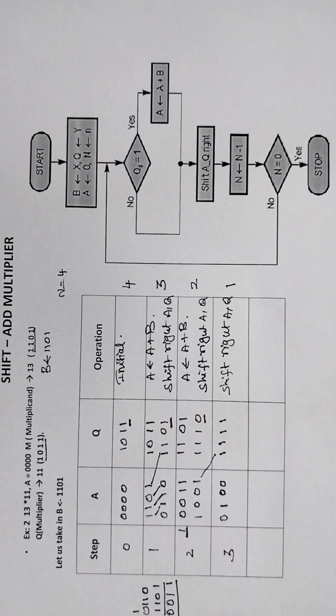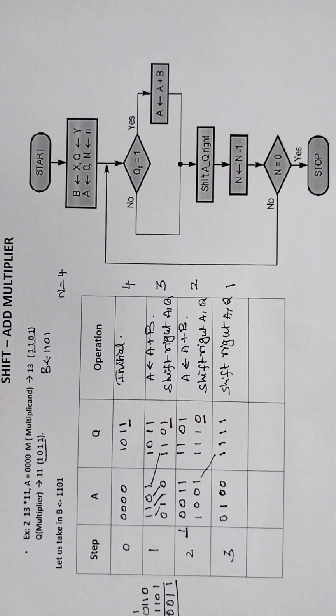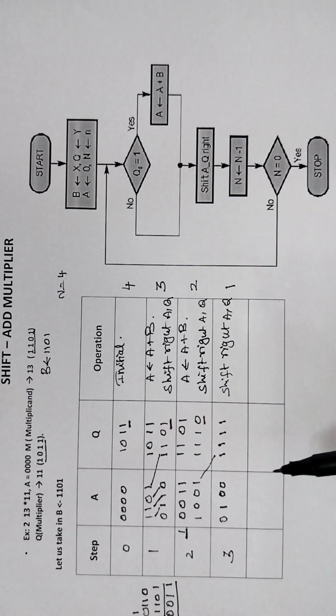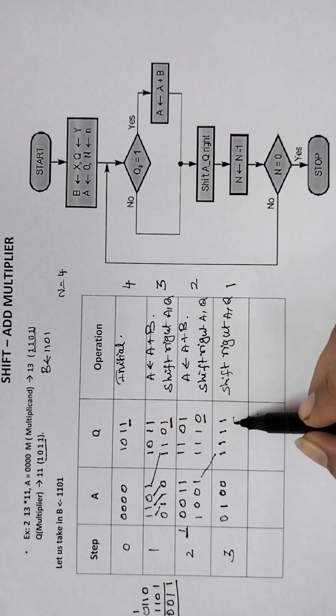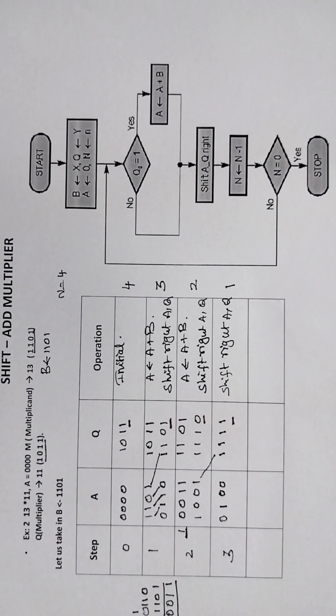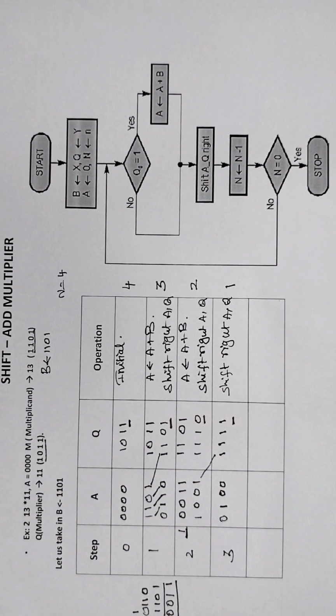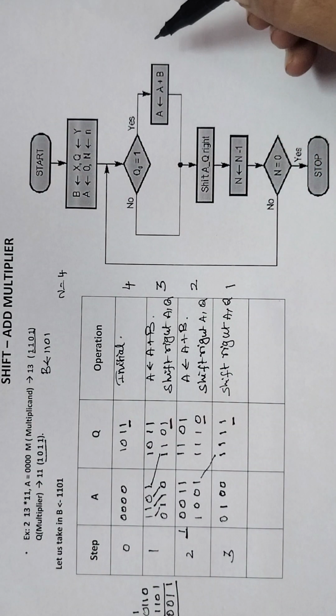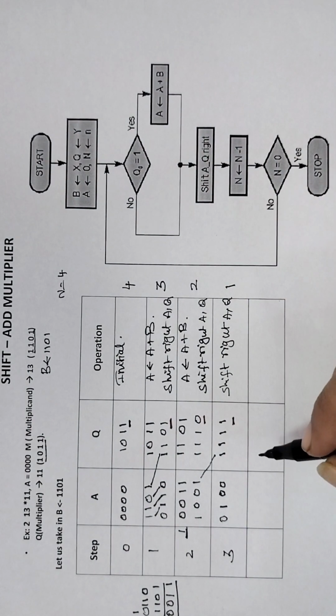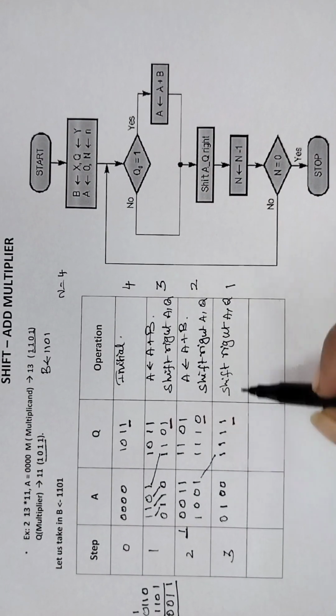Again we check the condition, what is Q0? Q0 is again 1. What do we have to do? Again we repeat the process, A = A + B. If Q0 is equal to 1, we have to perform the operation A = A + B. So what is Q0? It is 1.